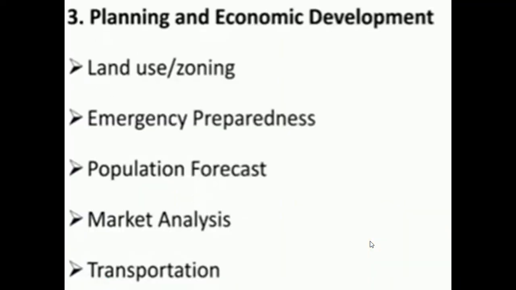And planning and economic development. So land use zoning, it is also used for emergency preparedness, population forecast, market analysis, transportation. Nowadays transportation is very important for using geospatial technologies. For example, land use zoning: generally, GIS is commonly used in urban planning or rural development. For example, emergency preparedness, so hazard mapping.